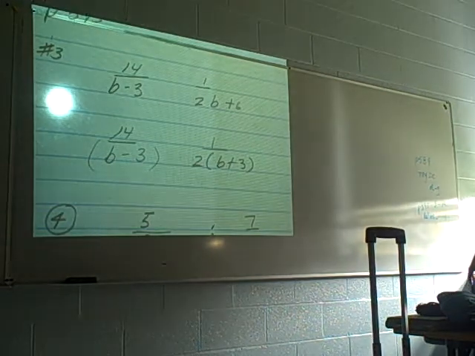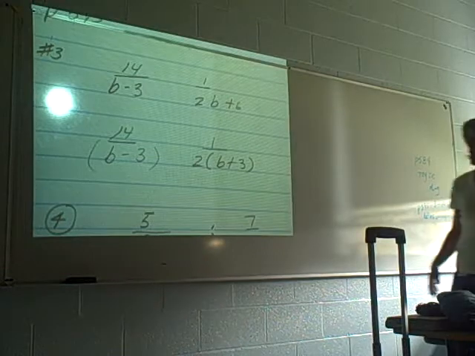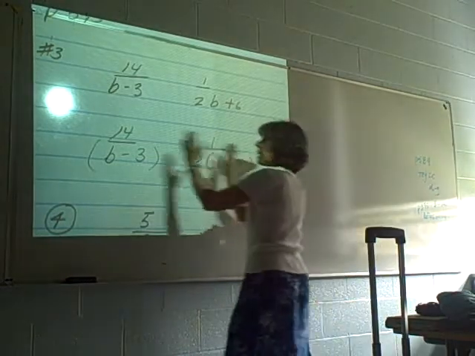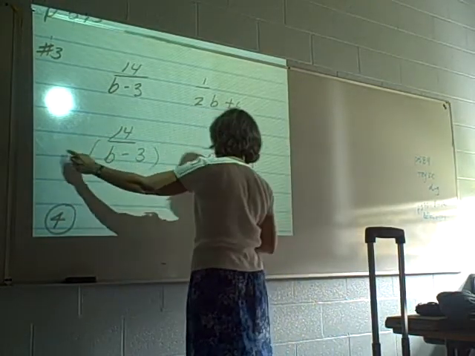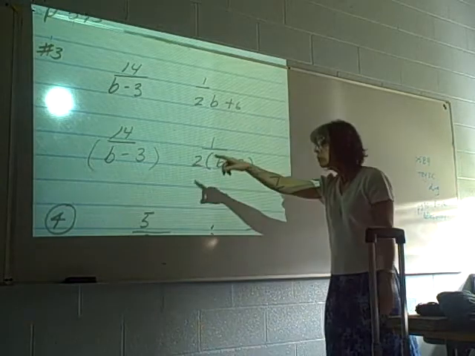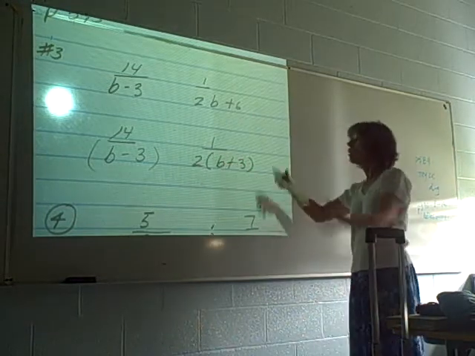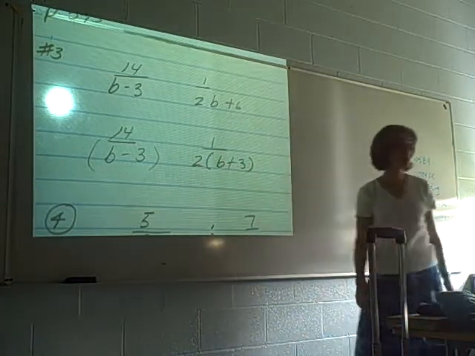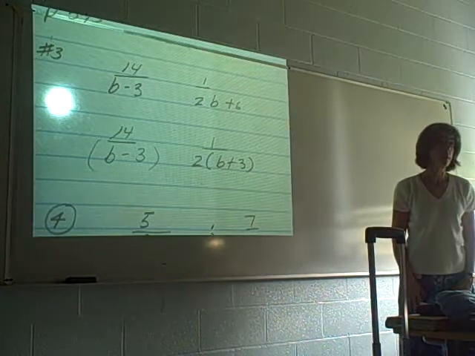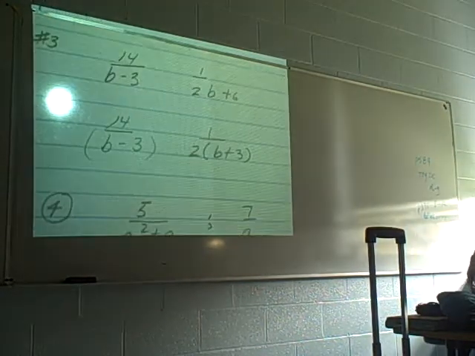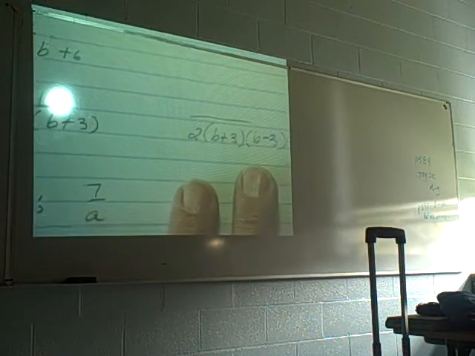In order to make them common, I have to put this here. So it's going to be 2 times b plus 3. And what do I have to put on this side? b minus 3. So the factors for this would be 2.